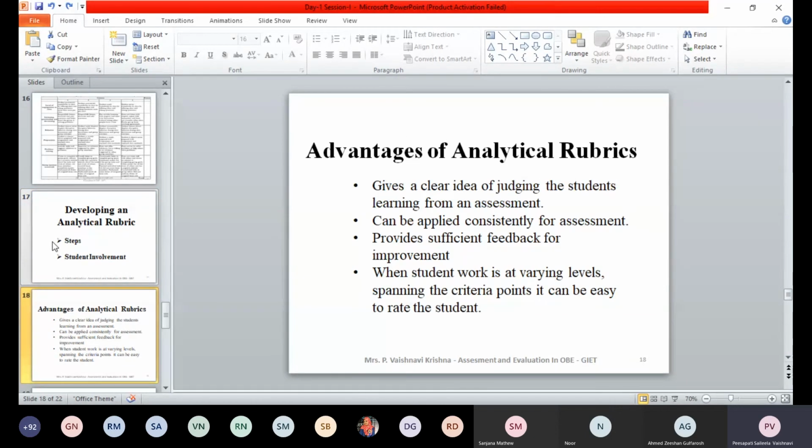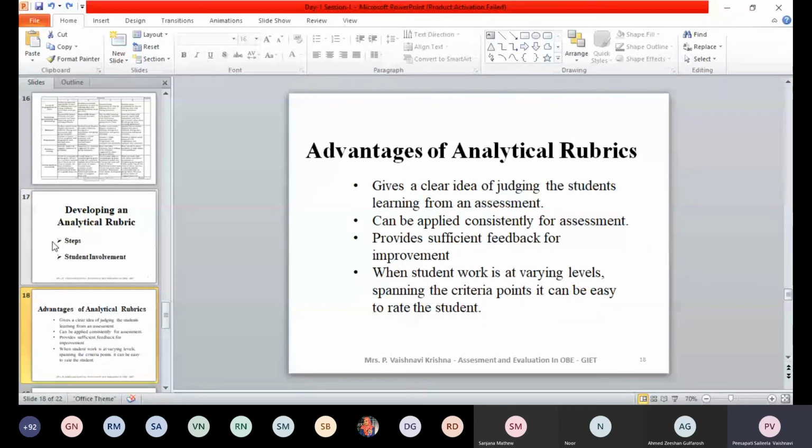Now, what are the advantages of this analytical rubric? This gives you a clear idea of judging the students in terms of their learning levels. Okay, and then this can be applied consistently for an assignment, and it provides sufficient feedback for improvement. Now, what is the entire need for me to prepare a rubric?